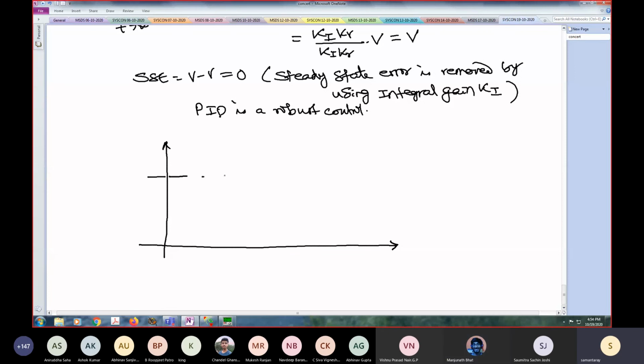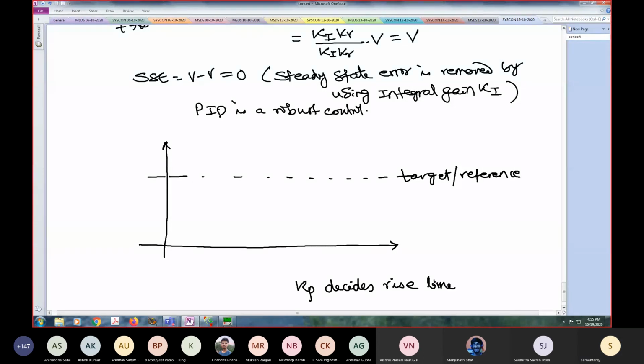Let's say this is our reference, this is the target. This Kp decides rise time. What is rise time? The time it takes to first reach the target or reach the maximum value. So let's say it goes here, and something happens.